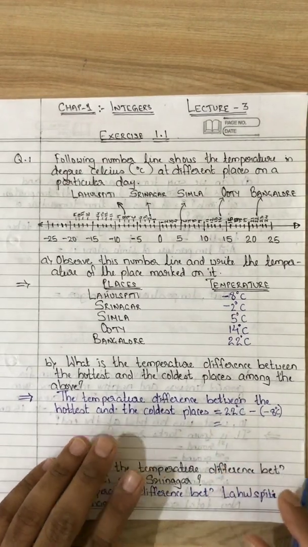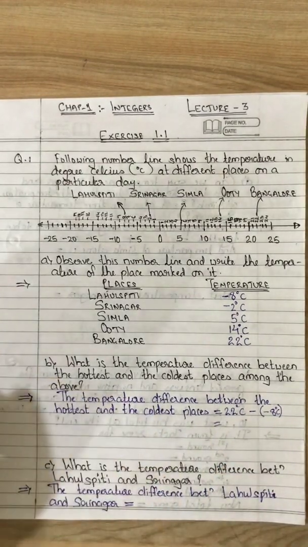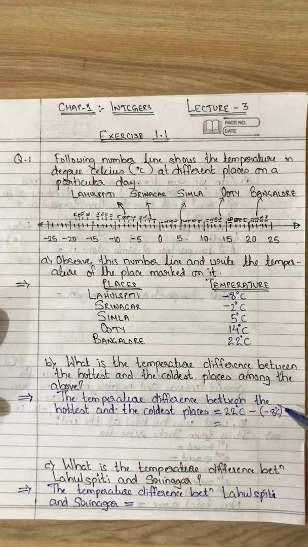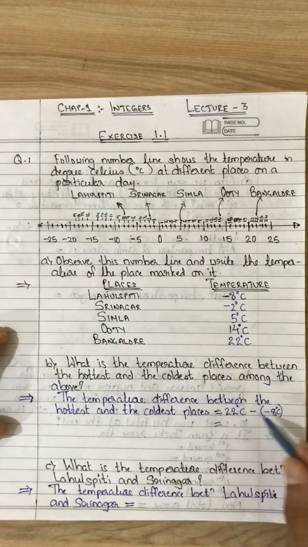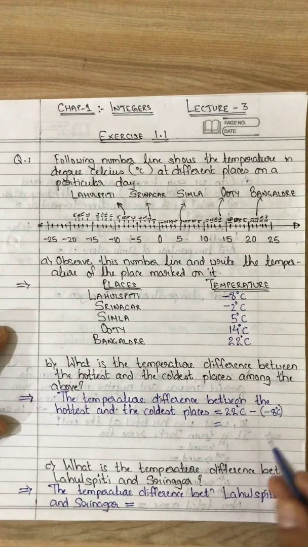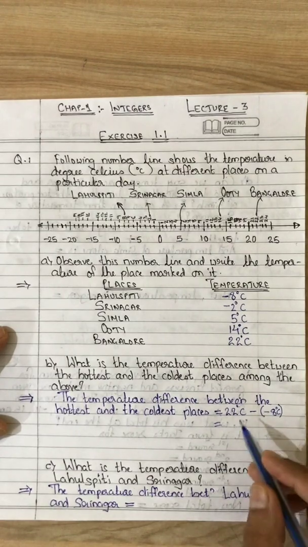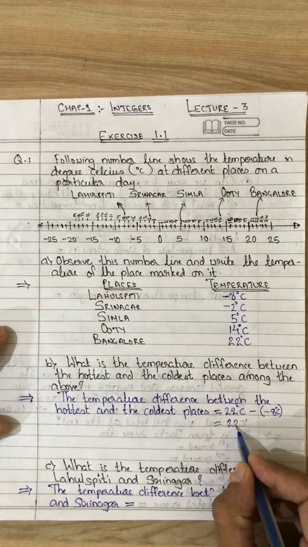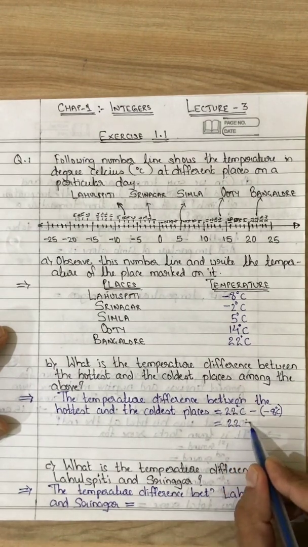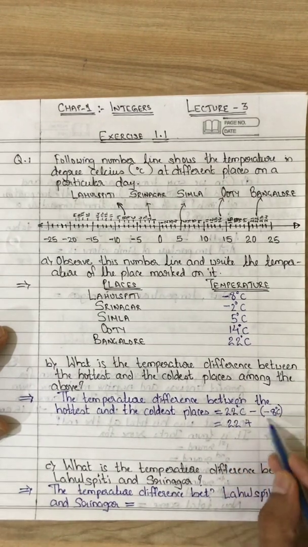Now if you have gone through the second video lecture, you know how to calculate this. Here it is subtraction of two integers. While subtracting two integers, what do we do? We keep the first as it is, then add the additive inverse of the second.